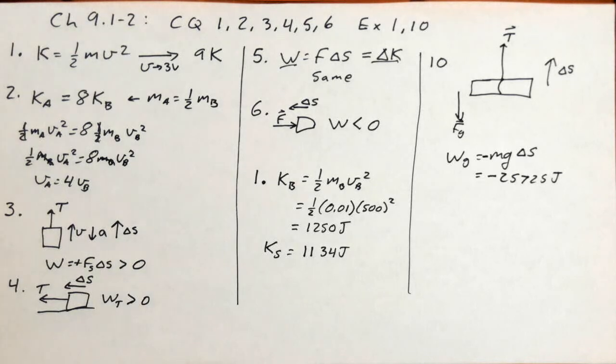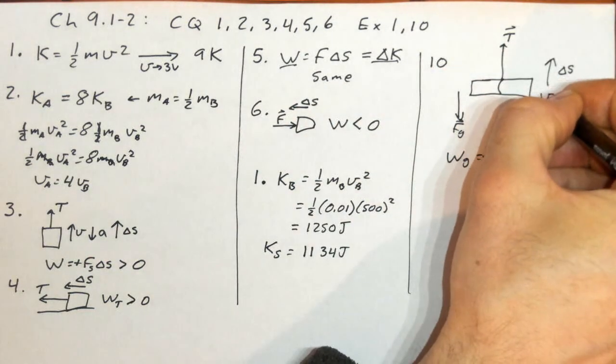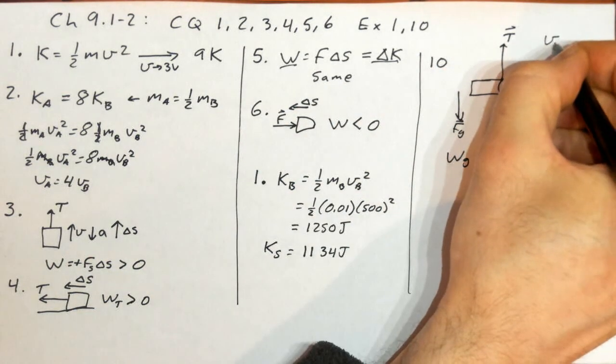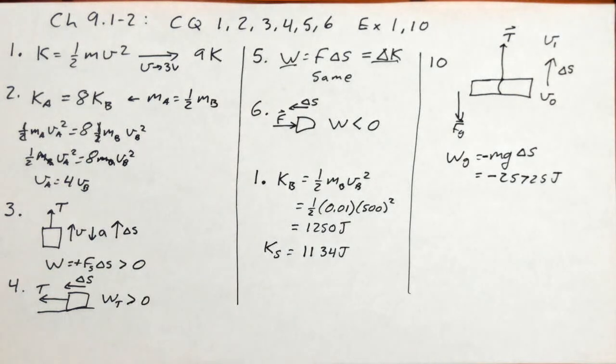Now, how do we find the work done by the tension? We're not given the tension. What we are given is an initial speed and a final speed as it moves upward. What does that tell us? That gives us a difference in kinetic energy, which is related to the total work done on the beam.